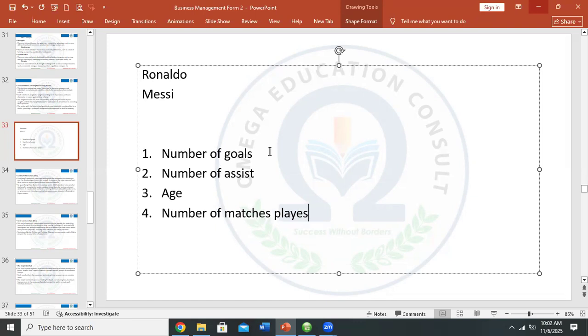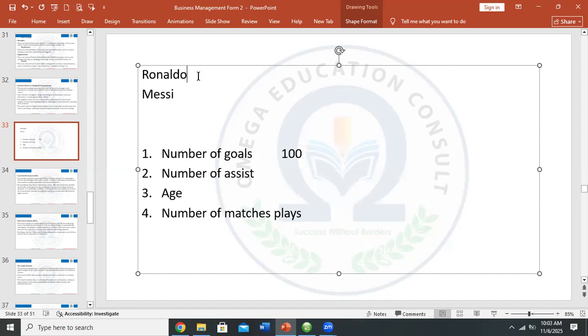Then we assign weights to these criteria. So for the number of goals, we are going to give them scores, maybe based on the fact that 10 or 100 is the highest. So we compare Ronaldo and Messi in terms of number of goals.